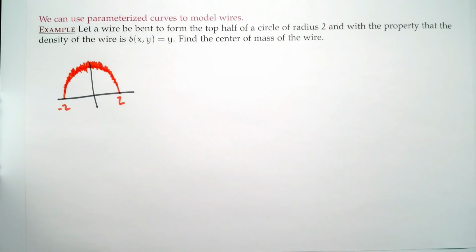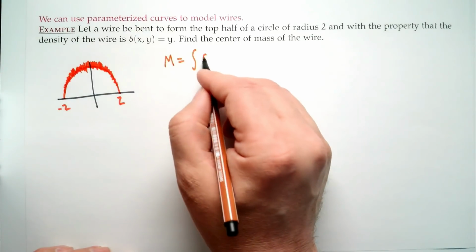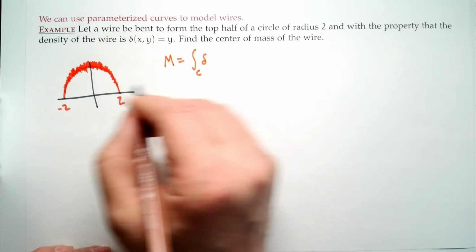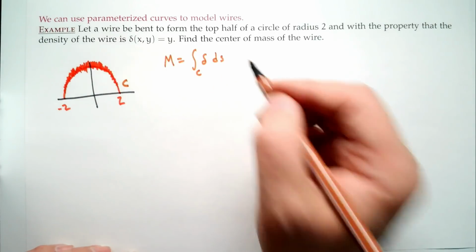You integrate density. That's the nice thing: if you just say mass is the integral of density, you can apply that in any setting. So we can apply it right now. We integrate along our curve C, this half circle, density ds.